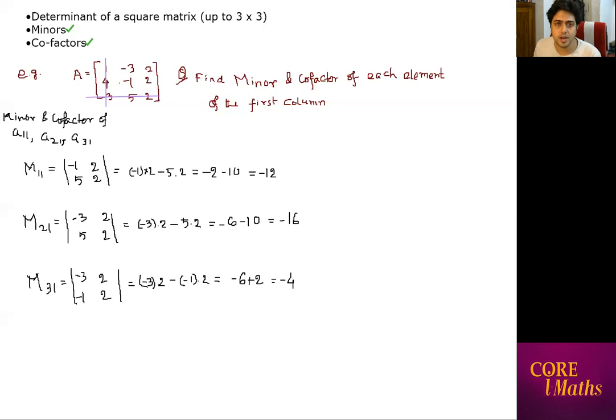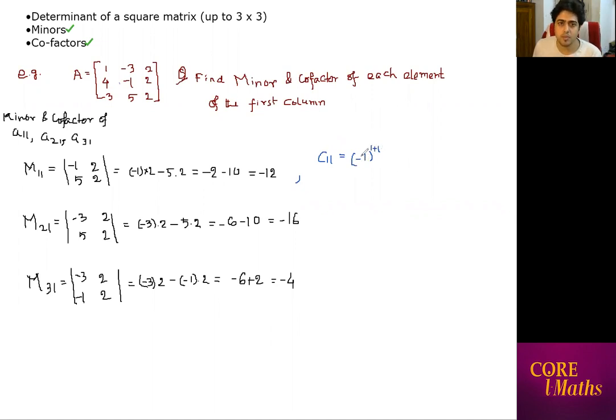Now what will be the minor values, cofactor values? With a different color I am writing. First erase this and this. Now what are the cofactors? What is the formula? That is -1 to the power i plus j into the minor value. So cofactor C11 is -1 whole to the power 1 plus 1.